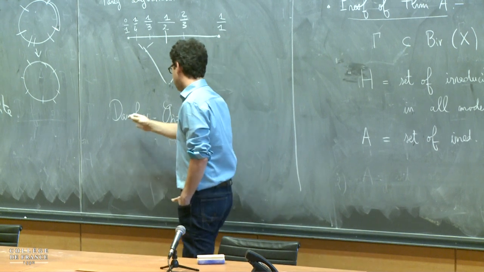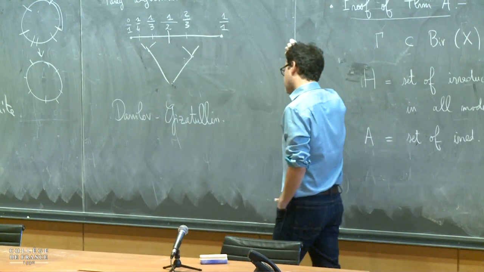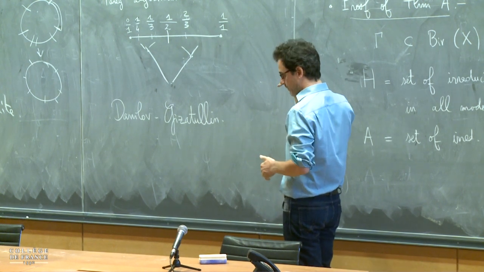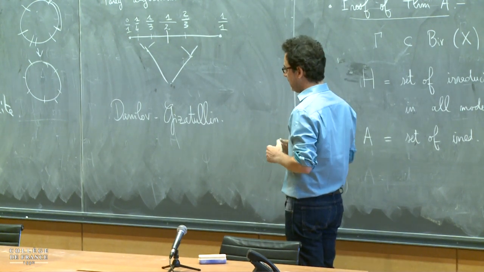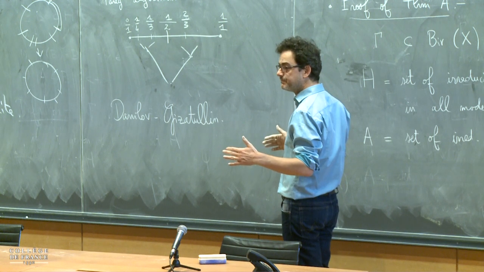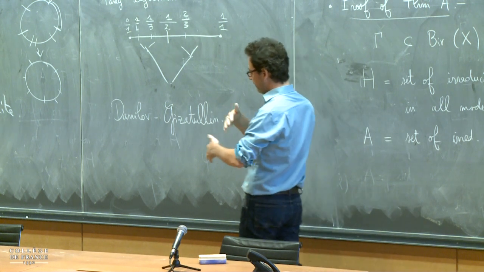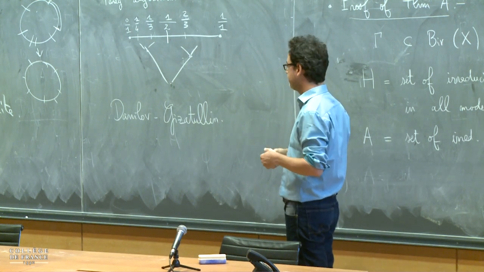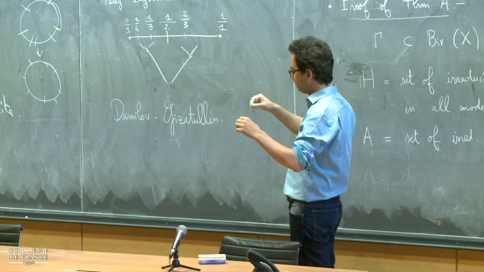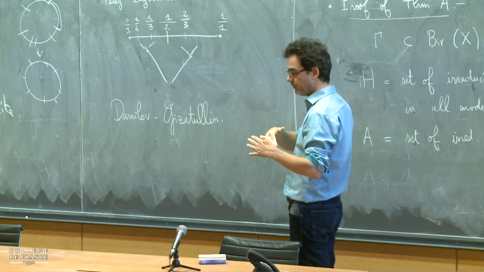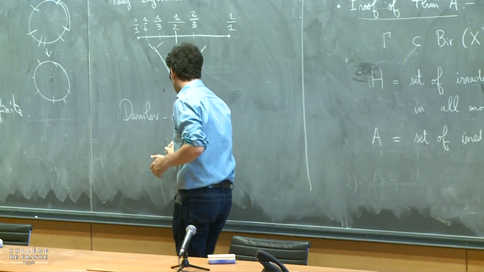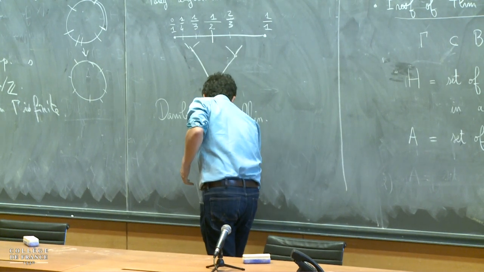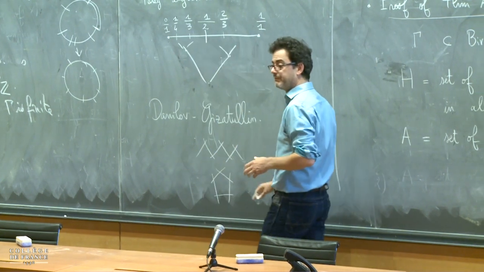And if you use what Danilov and Ghizzatulin did in the early 80s, they studied automorphisms group of affine surfaces. And they look at the compactification of the surface. And they show that if the group of automorphism is very big, then the compactification is by a chain of rational curves, or by a cycle of rational curves.